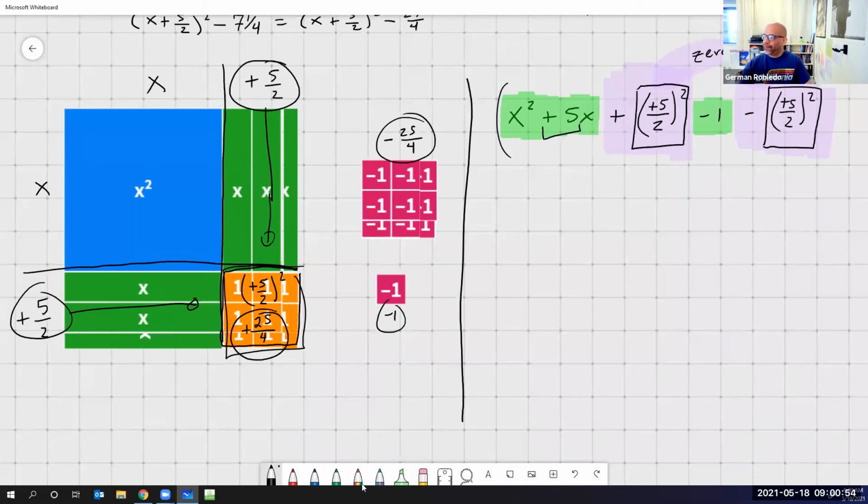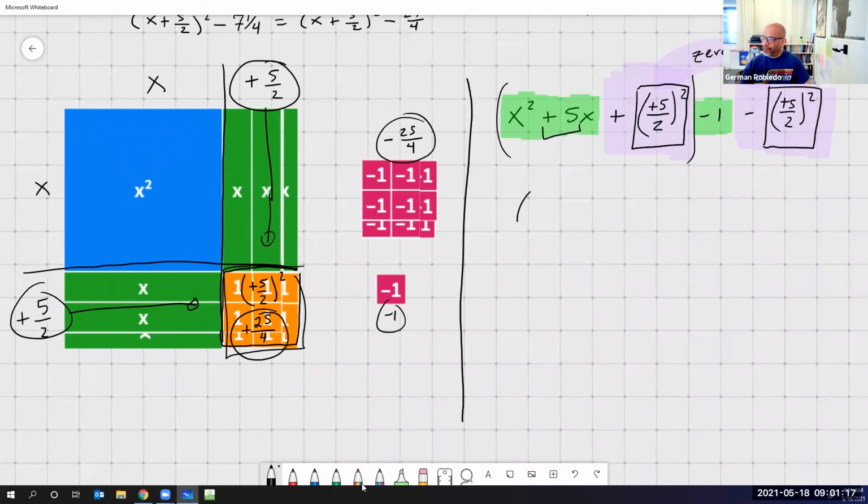Now, we've said several times that these three here create our square. So we can just go right to our squares here.